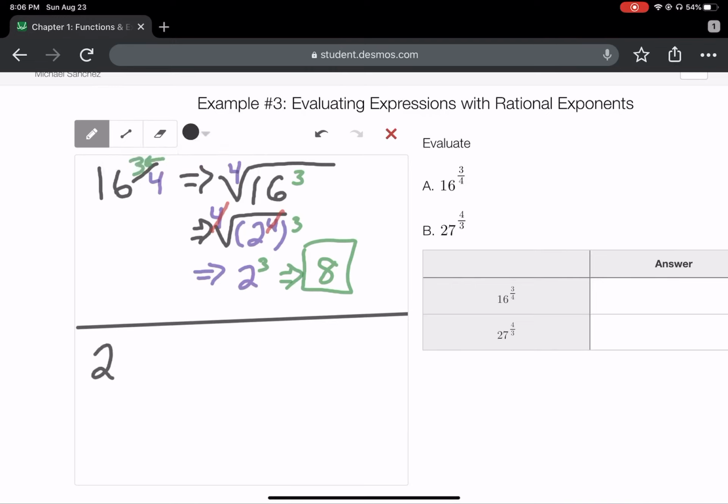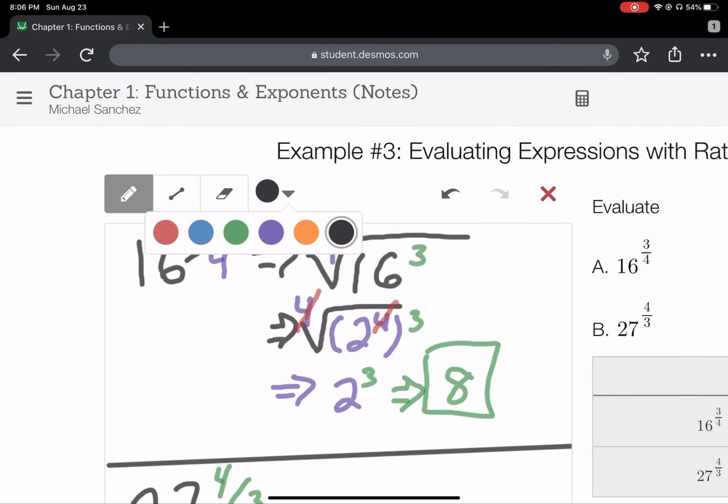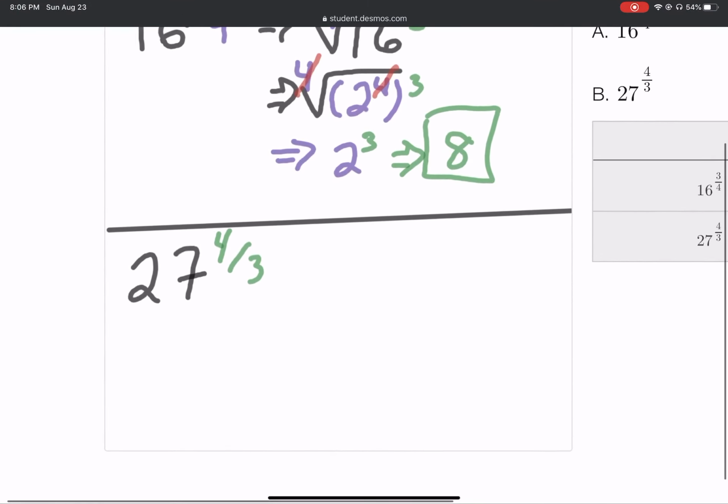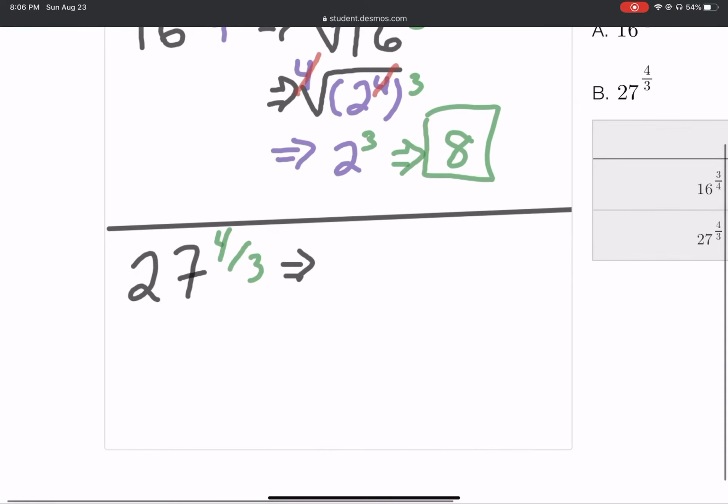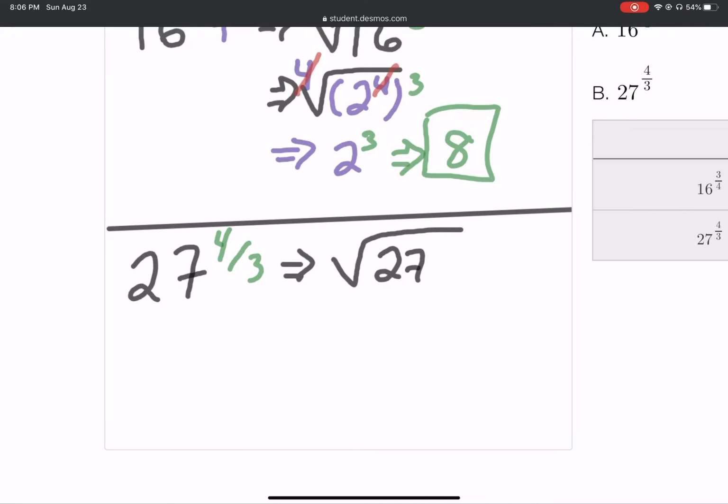Okay, let's try again with 27 raised to the power of 4/3. All right, so we're going to transform this into a radical. Put the 27 inside.